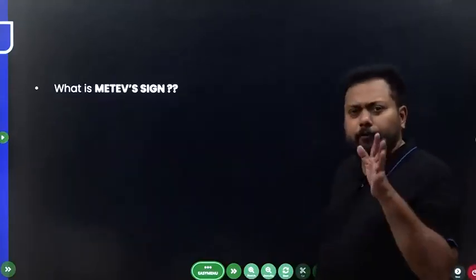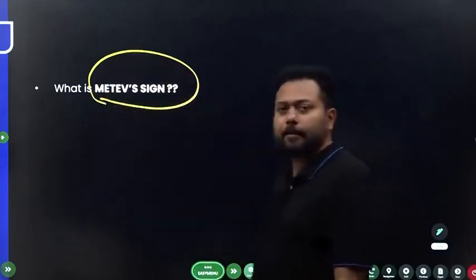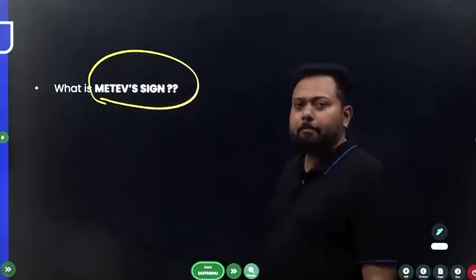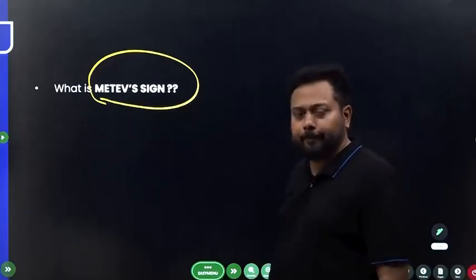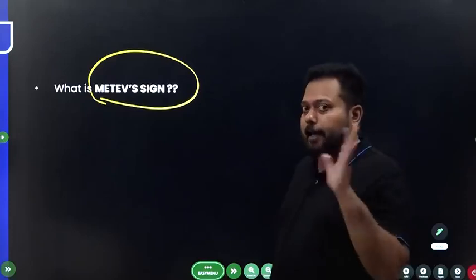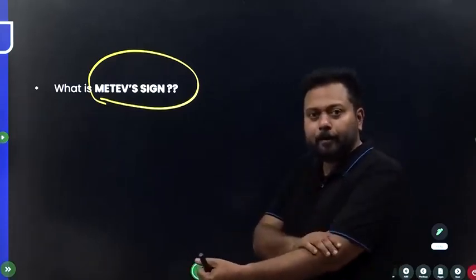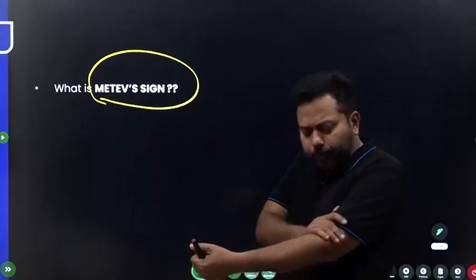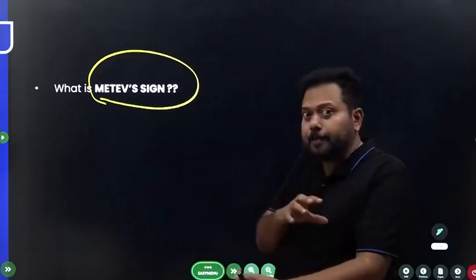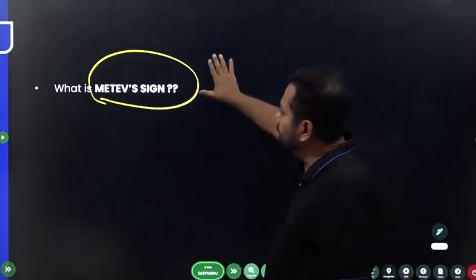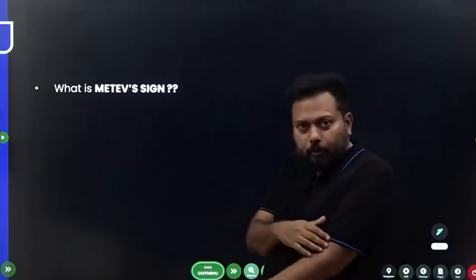What is Meutev sign? This is an extra-edge question for INICET guys. It is a radiological sign. In a case of supracondylar fracture, when they give some massage or something, myositis ossificans develops. The myositis mass will give a radio-opaque shadow on the X-ray.